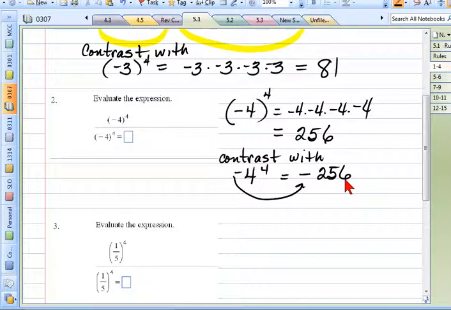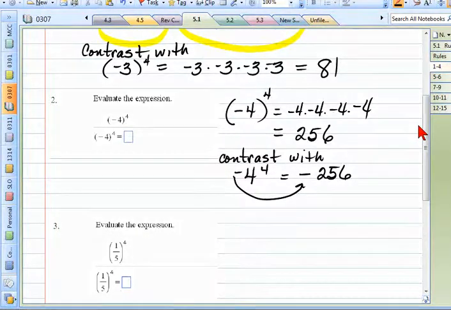And your calculator will show you this same thing. Put it in parentheses if you want it to be treated as part of the base. Don't use parentheses if you just mean opposite of.